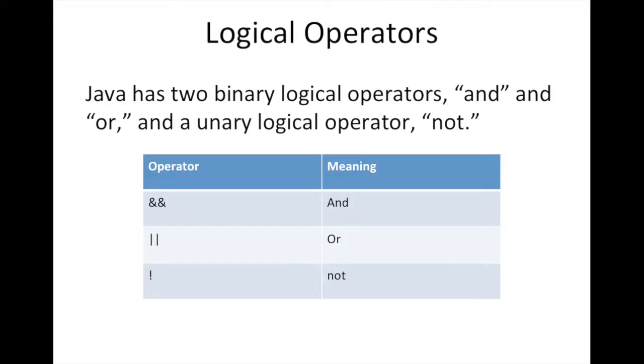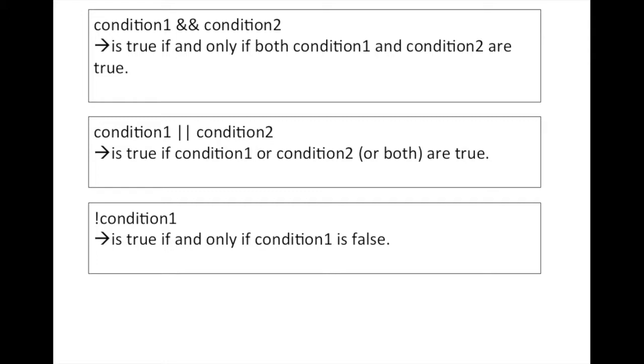Java has two binary logical operators, and and or, and a unary logical operator, not. They are represented by the following symbols. The expression condition 1 and condition 2 is true if and only if both condition 1 and condition 2 are true.